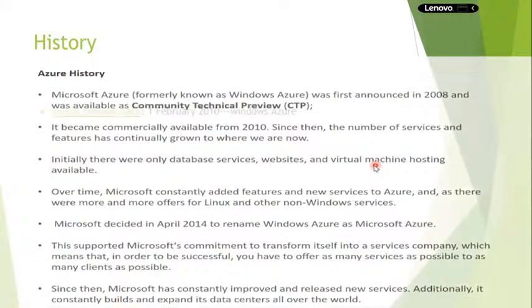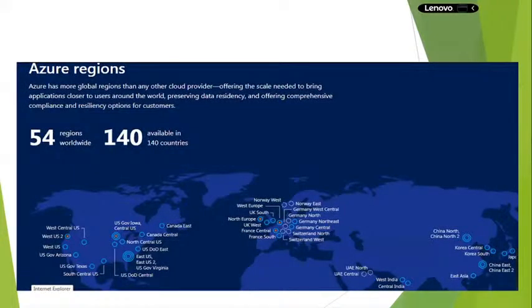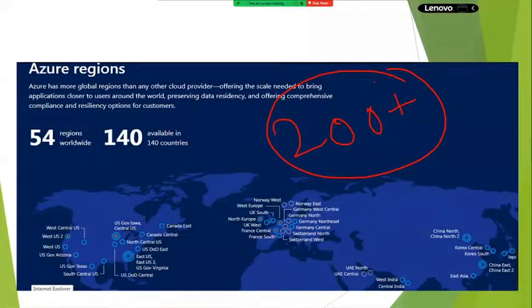Okay, I am telling you why Microsoft Azure, why not AWS. Microsoft has around 200 plus data centers, guys. Around the world, they have 200 plus data centers. No other cloud has this many data centers.